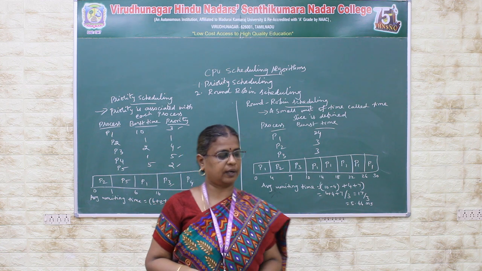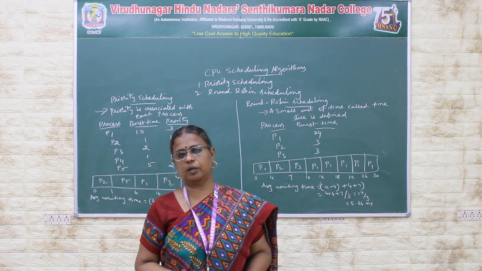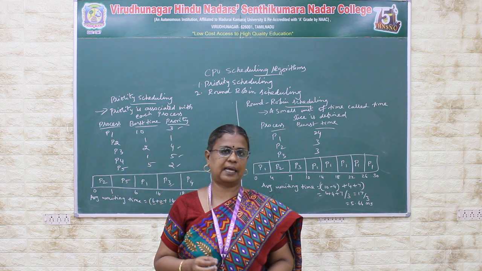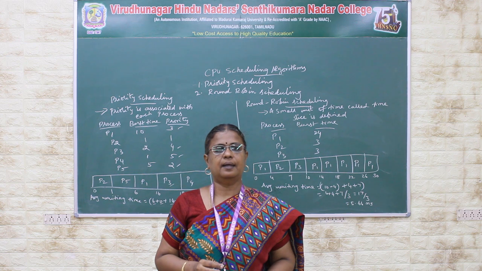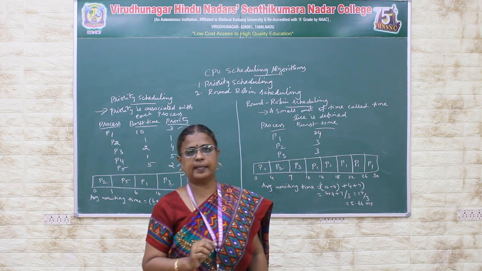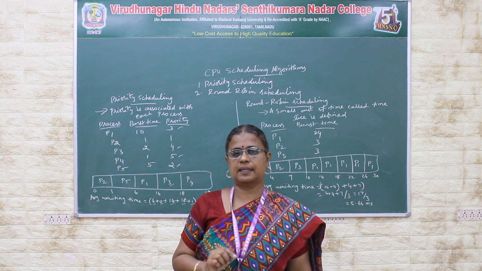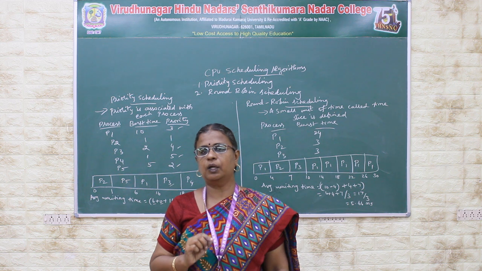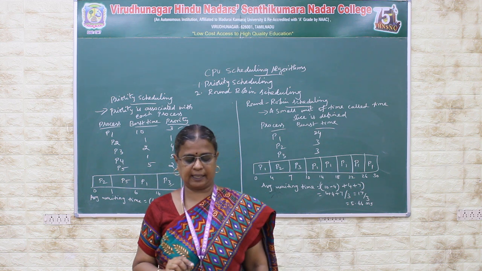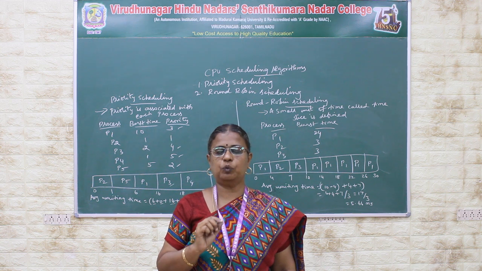And next one is round robin scheduling. This round robin scheduling algorithm is mainly used in time sharing systems. Here a small unit of time called the time quantum or time slice is defined, and this time slice can be from 2 to 100 milliseconds. A process executes only for that time quantum.